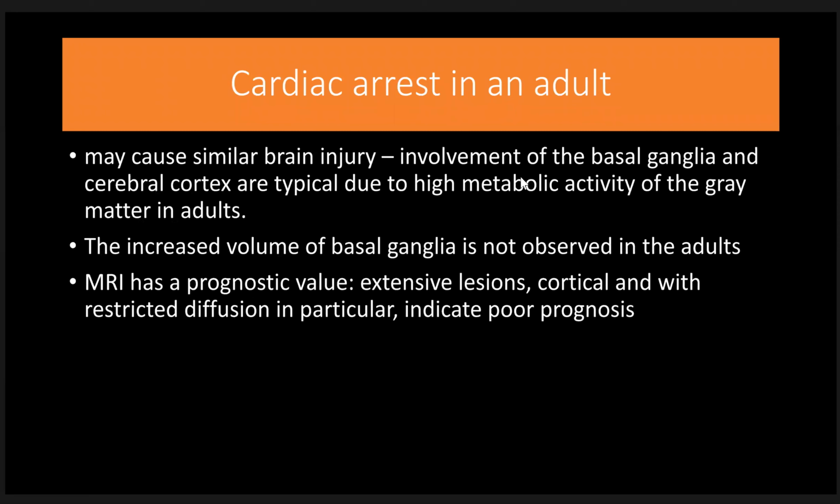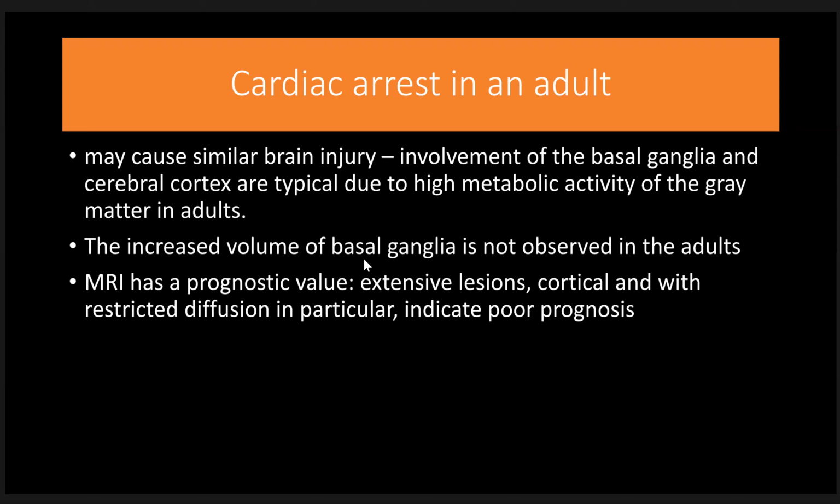Cardiac arrest in adult can also cause basal ganglia lesion, similar to brain injury, and also involve the cerebral cortex due to high metabolic activity of the gray matter in adults, and they appear as increased volume of the basal ganglia.